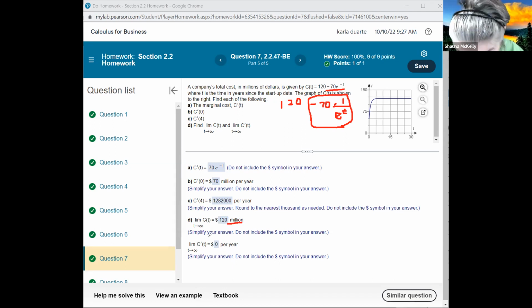Now, the C prime, if you remember, let me put it back up here.